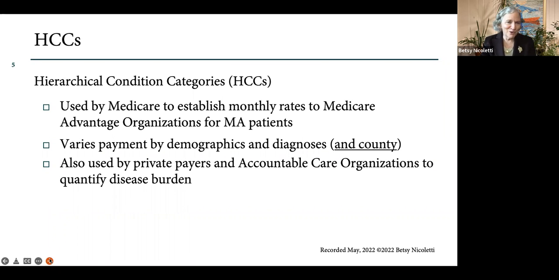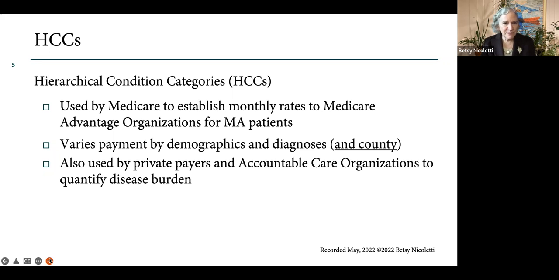Hierarchical condition categories, or HCCs, were developed by Medicare, and they're used by Medicare to establish monthly rates to Medicare Advantage organizations for Medicare Advantage patients. So sometimes you'll hear a presentation where they say, if you make these changes, it's worth another $1,000 a month in payments. That is to the Medicare Advantage organizations, not to us in physician practices.